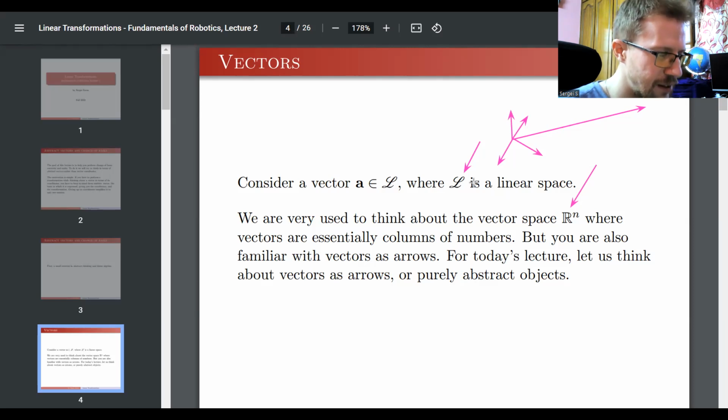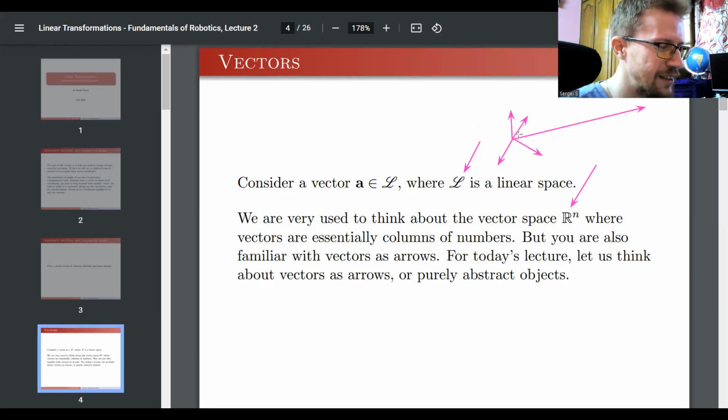Directed lines, aka vectors, and on the real numbers. Directed lines, as in what I draw on the slide. Yep, that's one example.